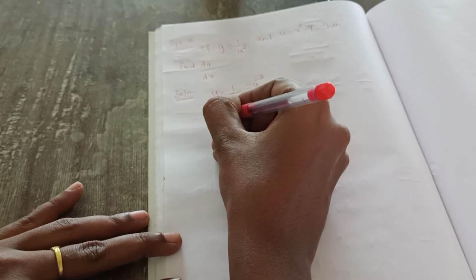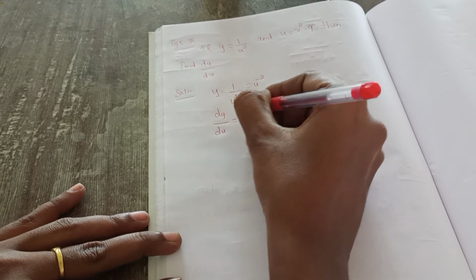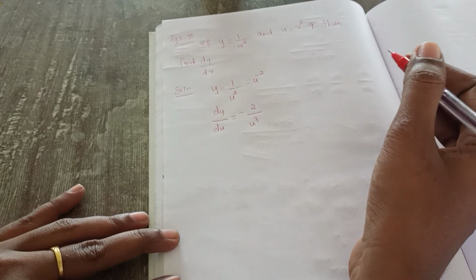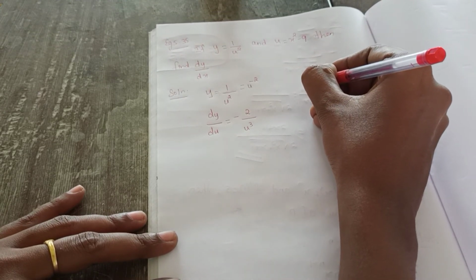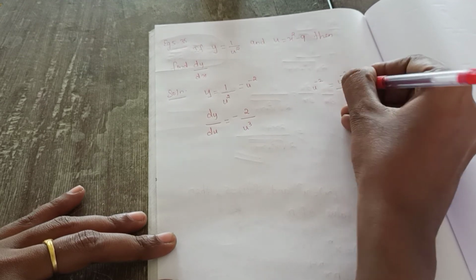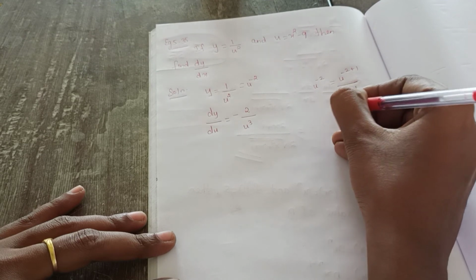Okay, so dy/du, what will happen? Minus 2 by u cube. That is u^(-2). So what will you do? u^(-2+1) divided by (-2+1). So what will you get?